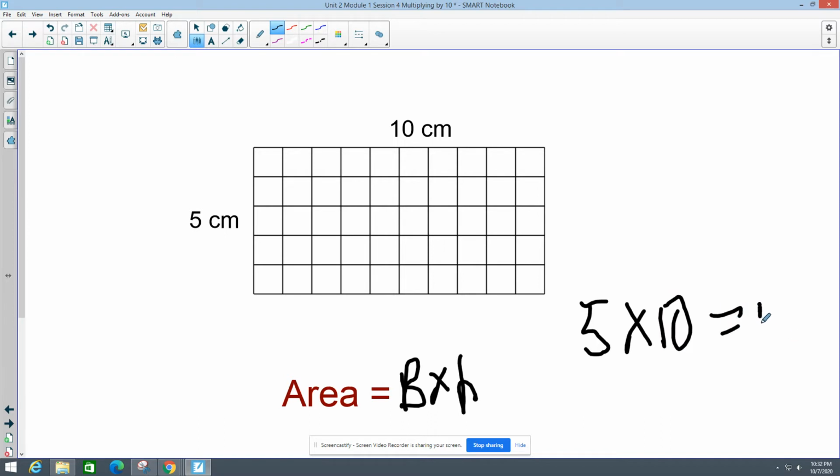And here we can do our zero trick. 50. Now here's 50 centimeters squared. This is a square centimeter. 1 centimeter by 1 centimeter is a square centimeter. So we're going to do cm for centimeter, and with the little 2 up there means square centimeters. Or you could write it out, the whole word.